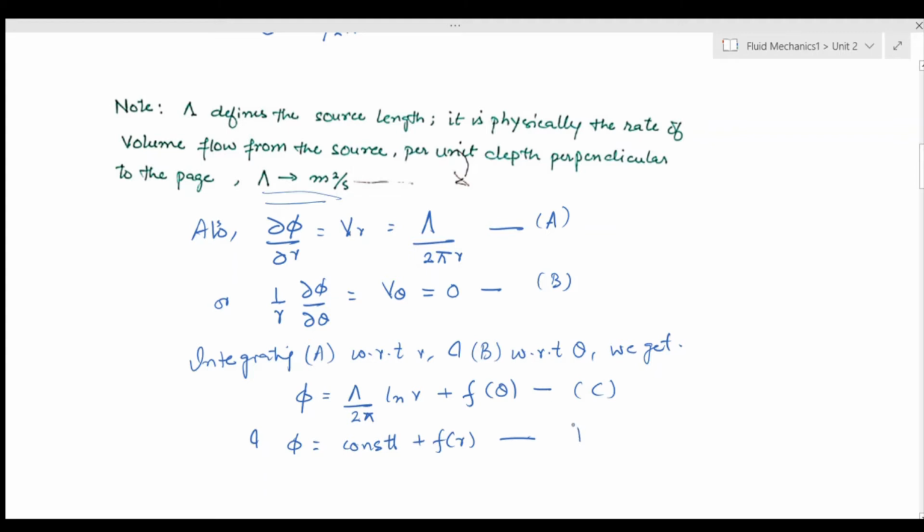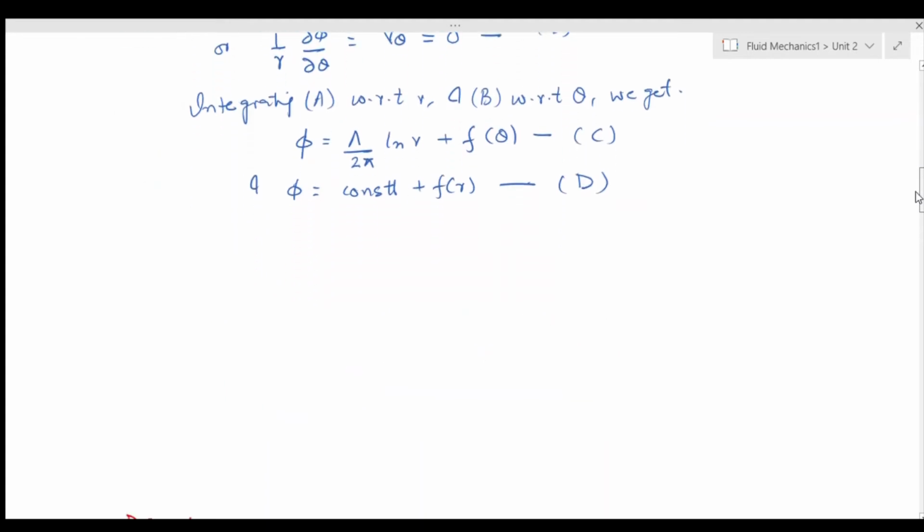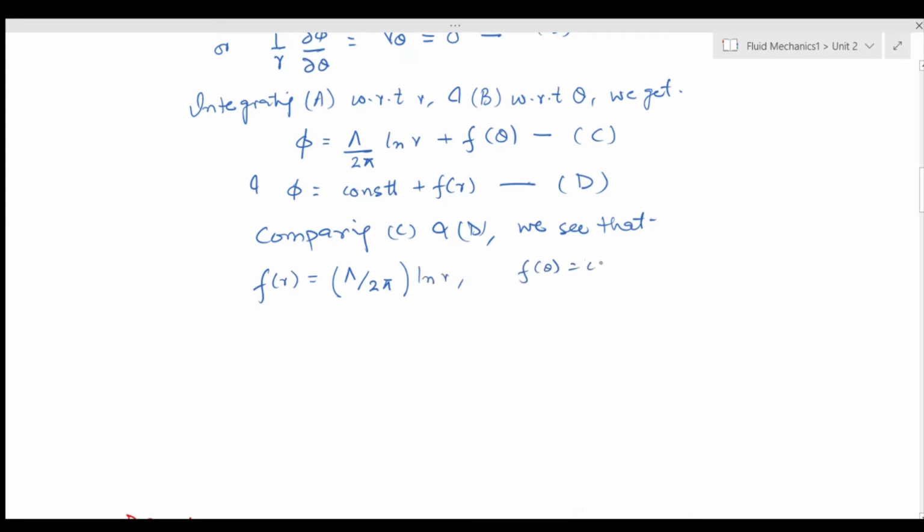This is my equation D. Now I would compare my equations C and D. Comparing C and D, we see that this f of r is nothing but capital lambda divided by 2 pi ln r, and this f of theta is constant.